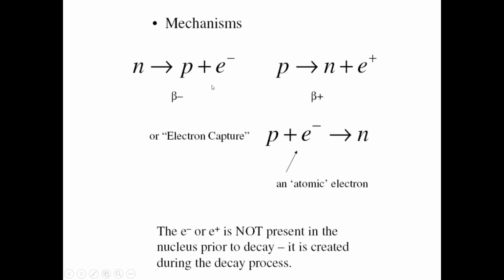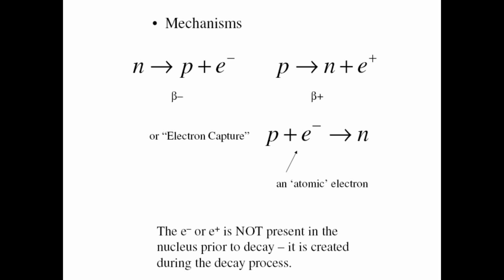What we mentioned in the previous slide is that we have a neutron, and that neutron is converting into a proton with a beta negative. The e negative is basically for the beta negative. Similarly, we have a proton, and that proton is converting into a neutron along with a beta positive.